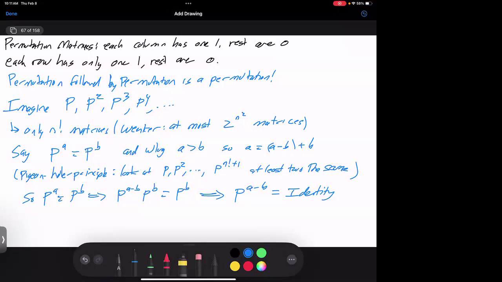You can prove this rigorously, but we know how to find the inverse. So we can keep applying the inverse of p b times, and then we'll get p to the a minus b is the identity matrix. So no matter what permutation matrix you start with, if you apply it enough times, you end up getting the identity, you just return to where you started. So this is a nice result, and we'll see similar examples of this later.